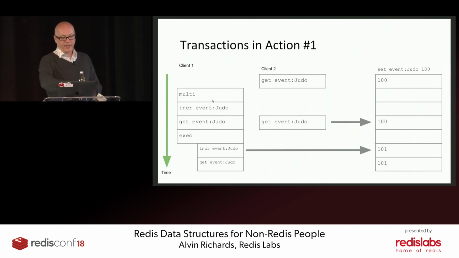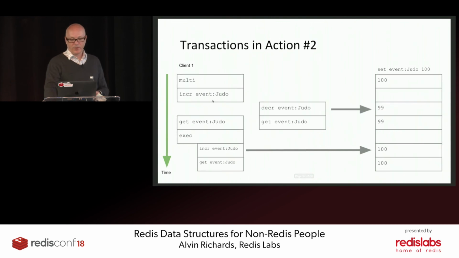So finally, when this transaction executes, it does the increment and it can do its get. And so the context of that exec is where all of those operations now execute, and that's the values they will see. So if we look at this slightly differently, client number 1 starts a transaction, it increments my key. In another client, I decrement the key. Right?